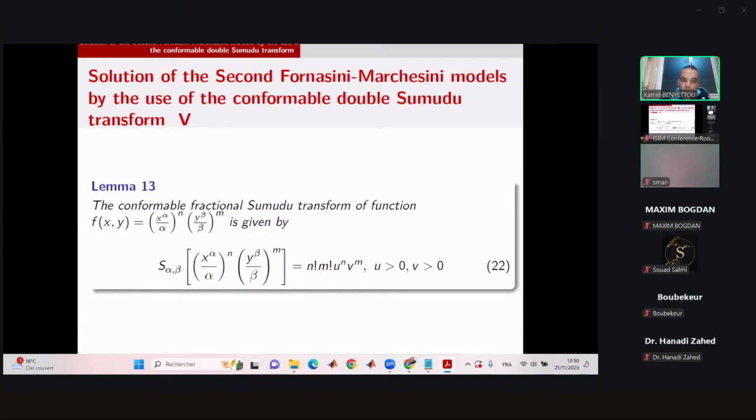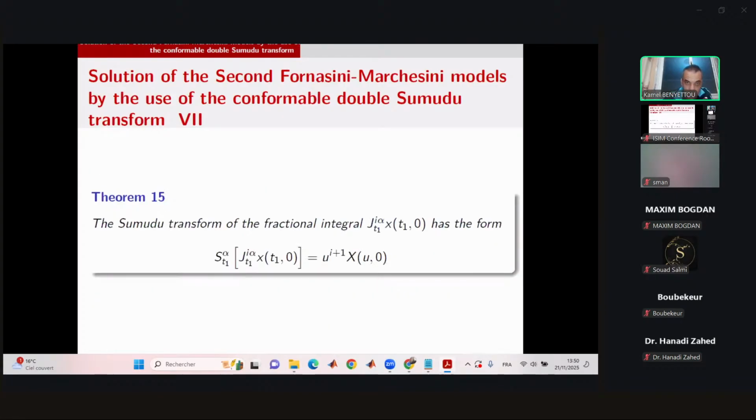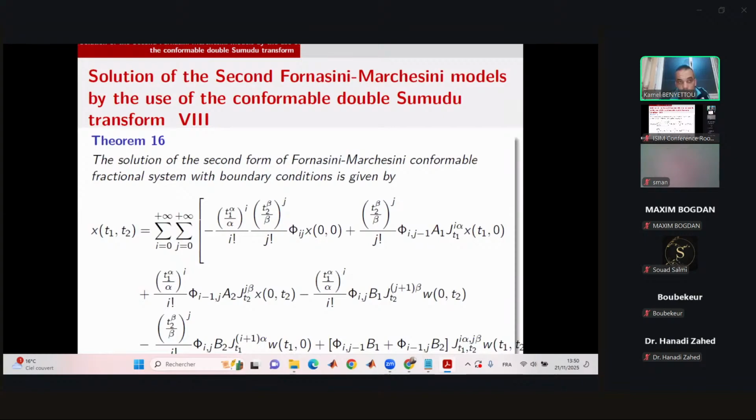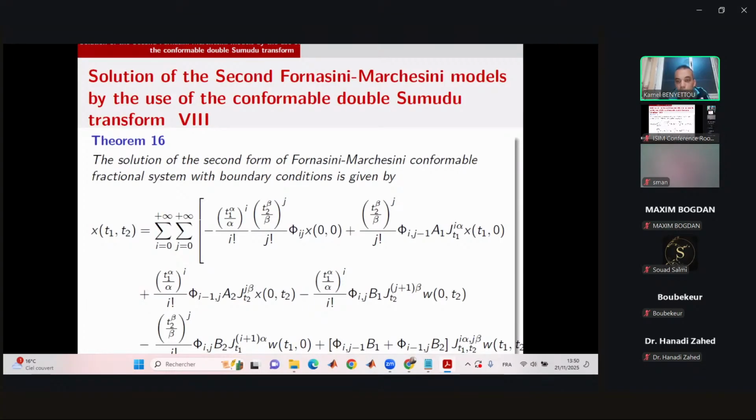And the third result is a lemma to calculate the Sumudu transform of this specific function to calculate the final solution. Using this result and this theorem, we can conclude that the solution of our second system is more complicated than for the first class of models, which is represented by a double sum series and finite series.